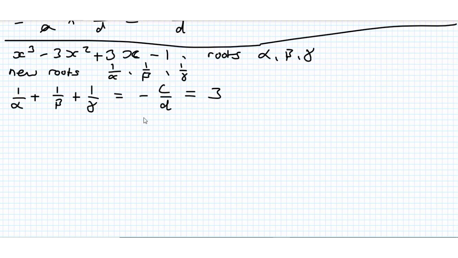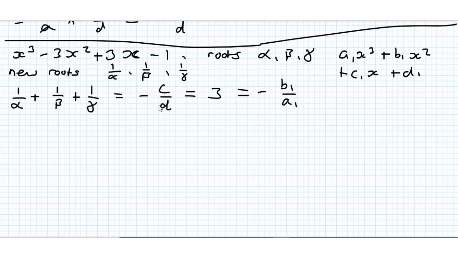So the sum of the roots is 3, and that's equal to the new coefficients. So our new polynomial has a1 x cubed plus b1 x squared plus c1 x plus d1. This is the sum of our new roots, so it must be equal to minus b1 over a1.